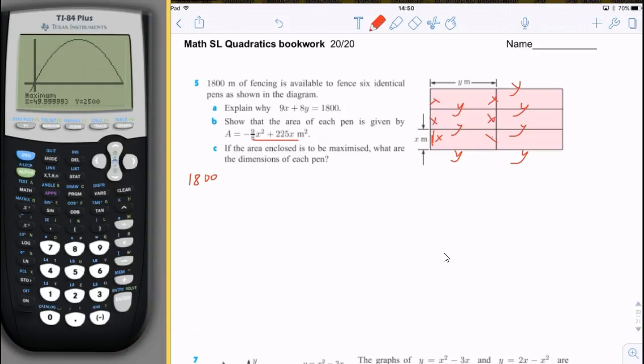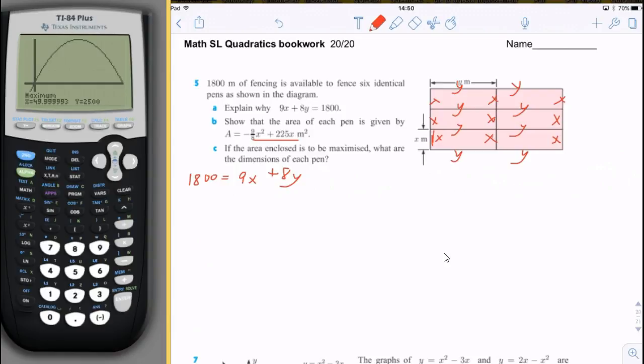Looks like there are 9 x's, and let's see, 1, 2, 3, 4, 5, 6, 7, 8 y's, right? So actually, if we write this equation where we have 9 x's and 8 y's, we can set that equal to 1,800, right? Because that's the total amount of fencing available.